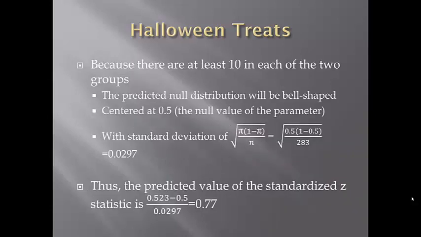So to recap, because there are at least 10 children in each of the two groups, the predicted null distribution will be bell-shaped, it will be centered at 0.5, and the standard deviation can be found by plugging into this formula. The predicted standard deviation is 0.0297. The standard deviation as seen in the simulation on the previous page was 0.03, very close. You can then use these predicted values to generate a standardized z-statistic, in this case 0.77.